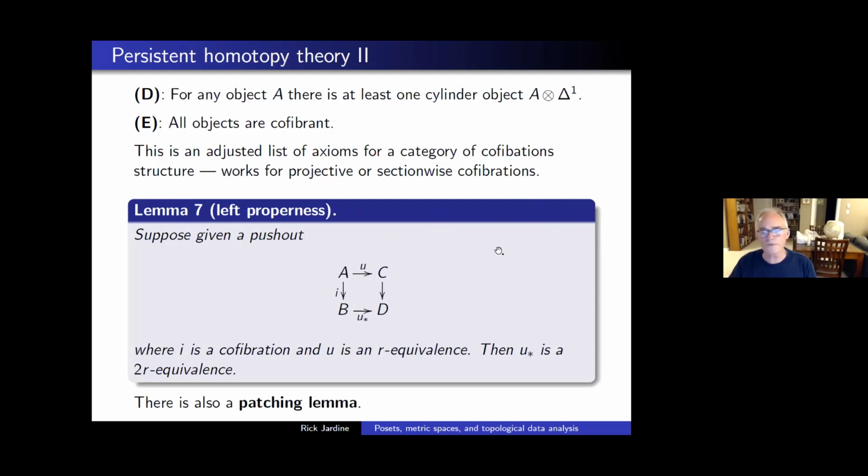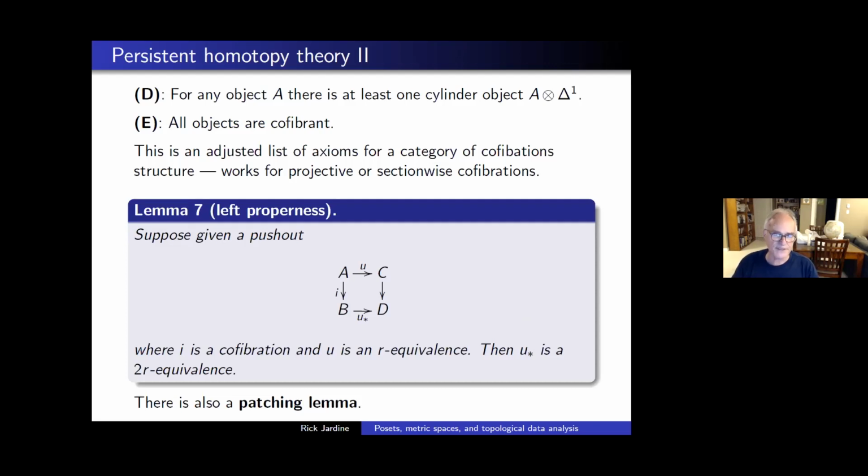For example, the so-called left properness statement. You have a push out of an R equivalence along a cofibration, and you get a 2R equivalence. Again, you've done something there, so you had to double the parameter. And there's also a patching lemma. If you know what the patching lemma is, you have a comparison of push-out diagrams, you have weak equivalences on the input data, then you get a weak equivalence on the output data.